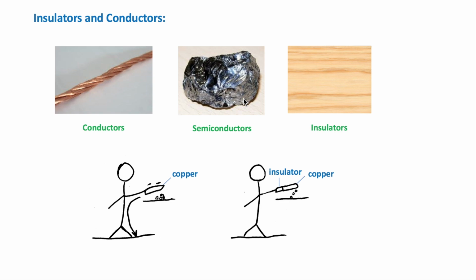And this can be changed by many orders of magnitude by adding a certain amount of foreign atoms to a semiconductor, which then will change its electric properties. And so semiconductors are flexible materials in terms of their electric conduction abilities, because we can add foreign atoms and change their properties. Examples are silicon and germanium, which are used in electronic devices.